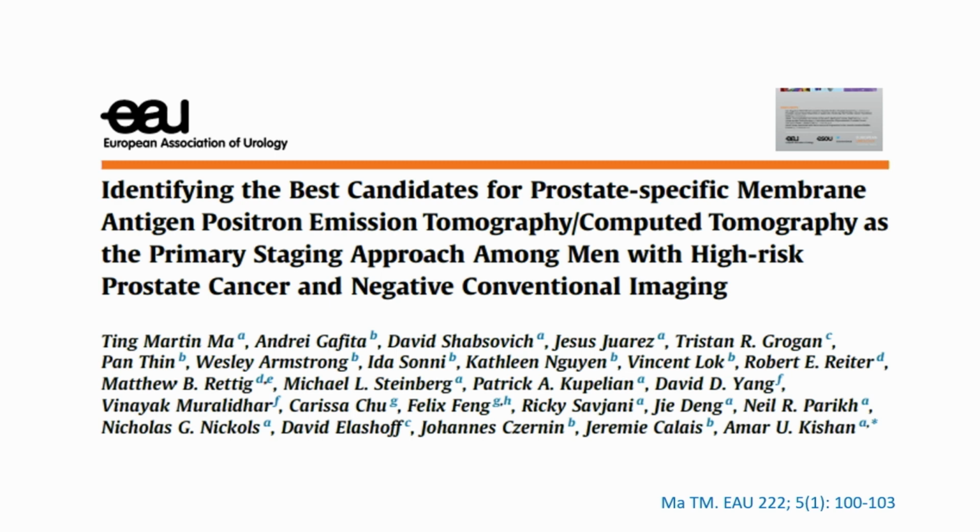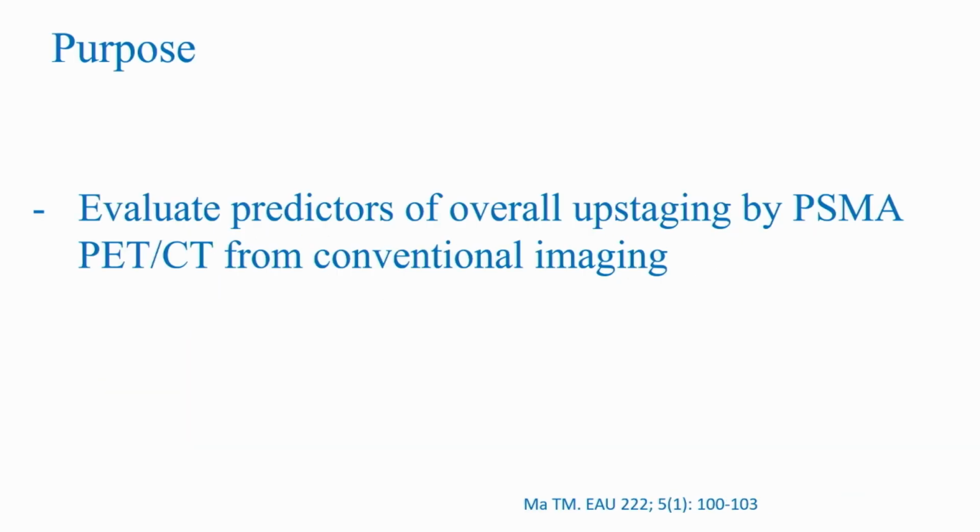And the last study I was going to go through is a study by Mon and colleagues where they used prospective trial data from 2 trials to help identify the best candidates for PSMA PET imaging as the primary staging approach among men with high-risk prostate cancer and negative conventional imaging. So basically, they were trying to evaluate predictors of overall upstaging by PSMA PET from conventional imaging.